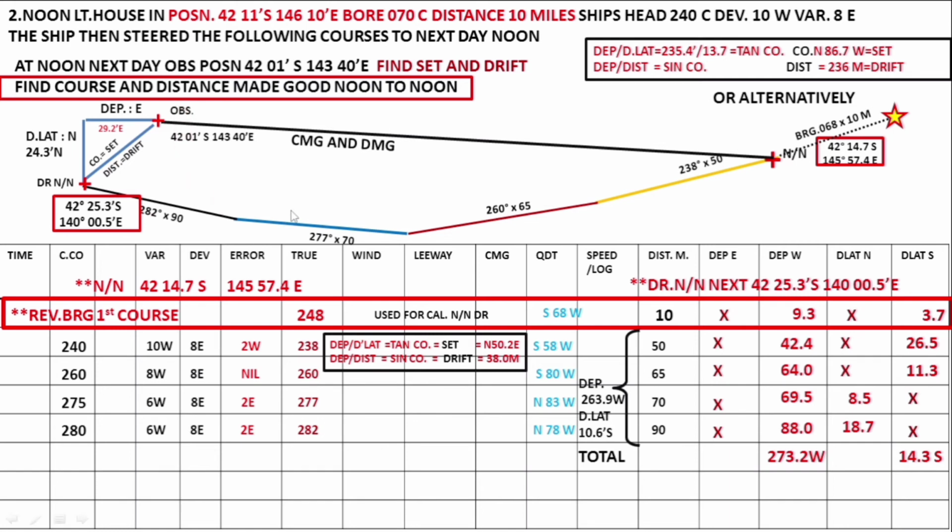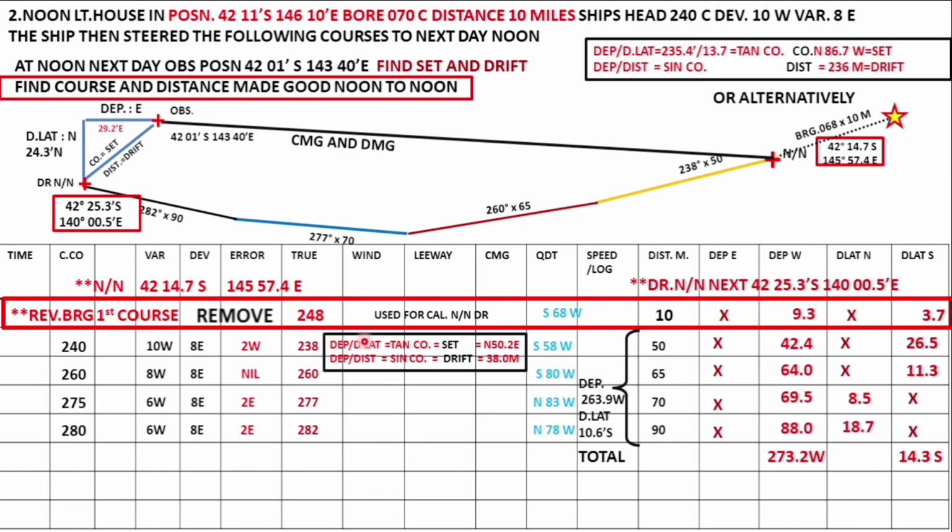So if I can get the total DLAT and departure on all the courses what the ship has done or has been made to do because of set and drift, I would be able to get my course and distance. So now in this case, I have not used the reverse bearing. I have not moved along the reverse bearing.